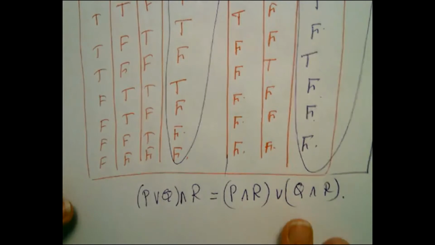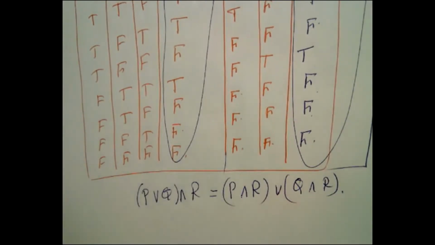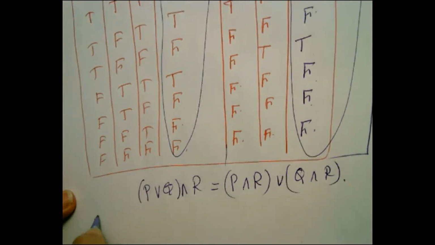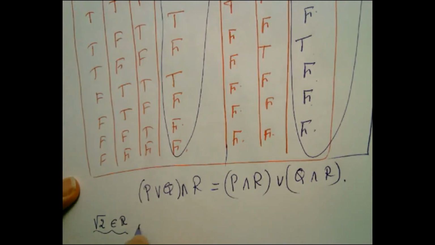So suppose I write the following for you. I tell you something like: the square root of 2 is in R. That's one sentence. Or the square root of 2 is in the set of all rational numbers.